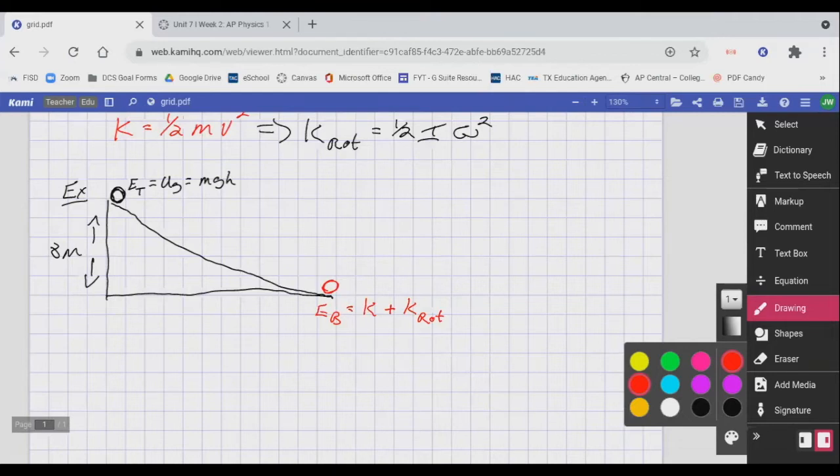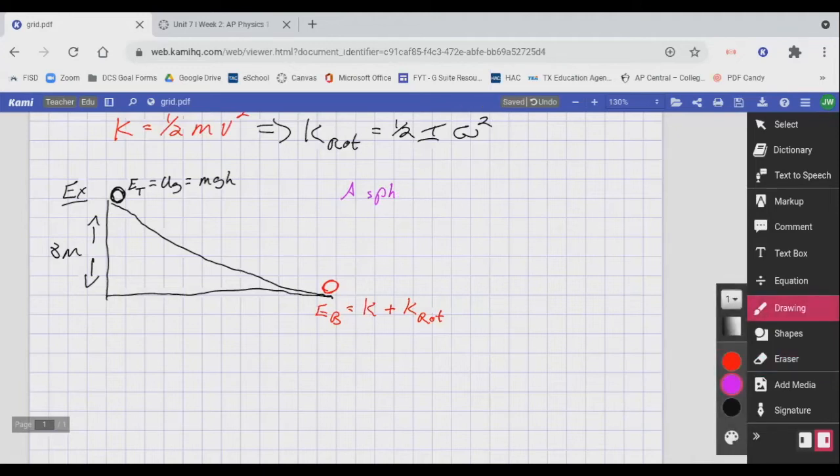So if we were to have a question that was dealing with this, what if the question was written as: a sphere of mass 4 kilograms and radius of 1 meter rolls down an 8-meter hill without slipping.